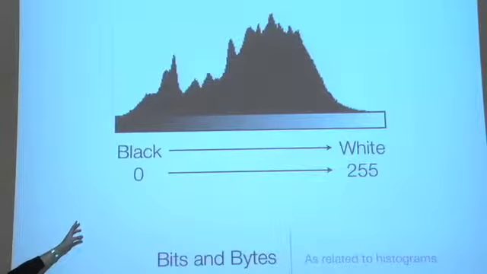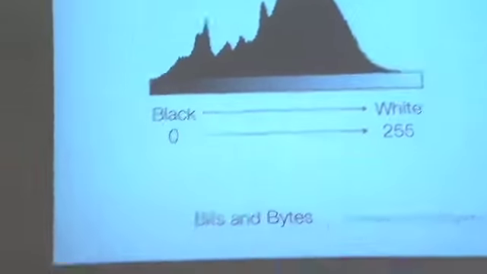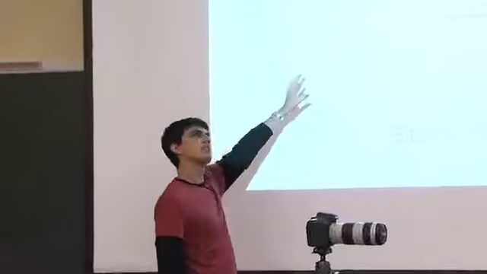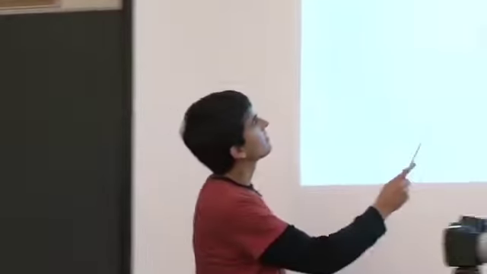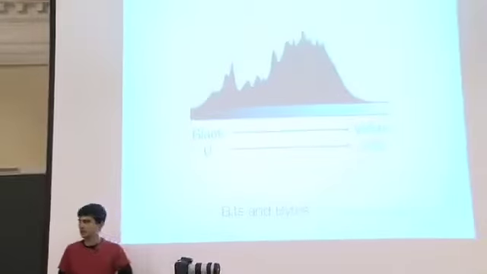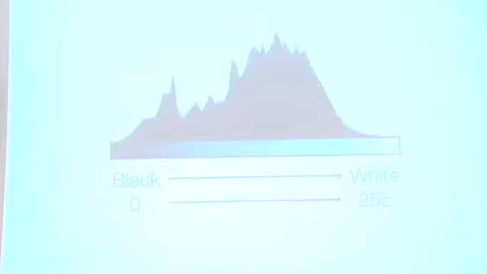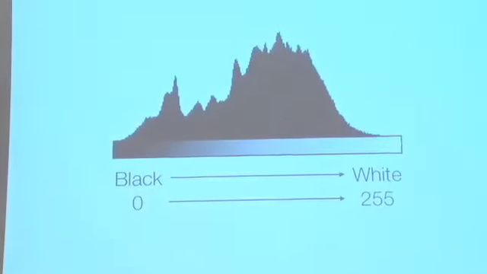But there's an inherent problem in calculating black and white from color, is what I meant. So we have 256 different values that we can deal with, and we have to try to convert this color down into it.